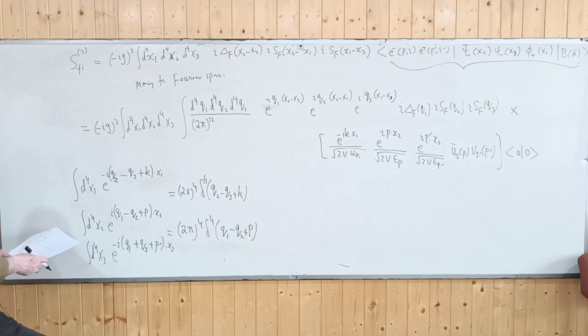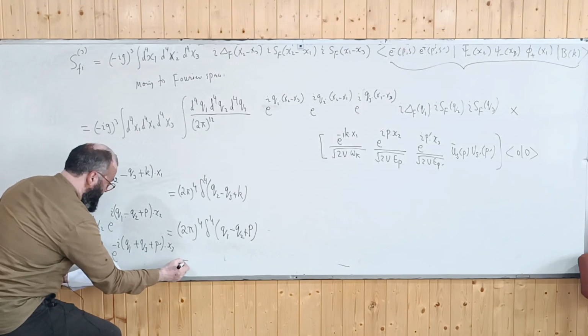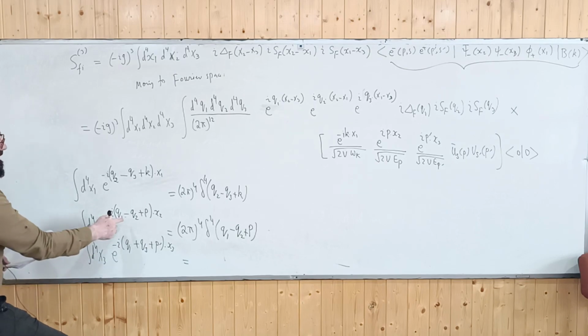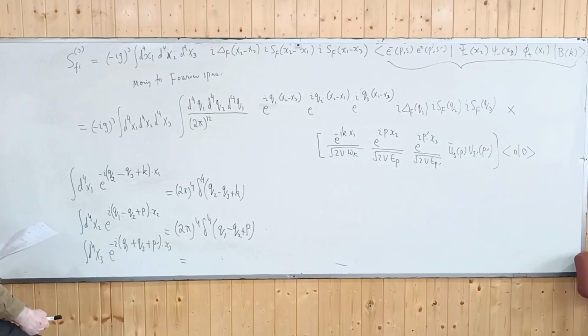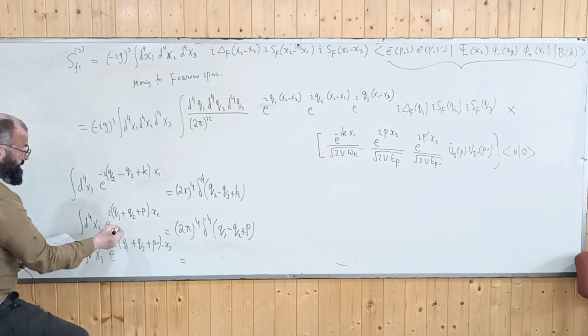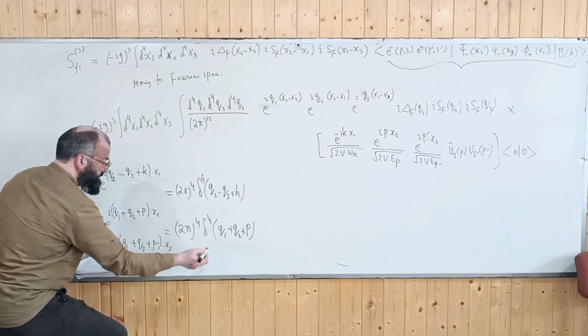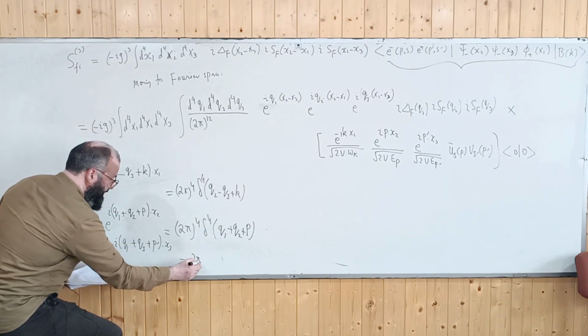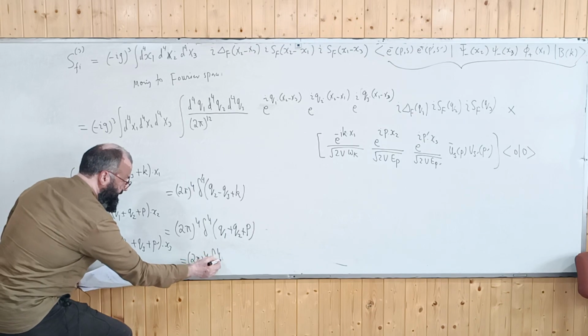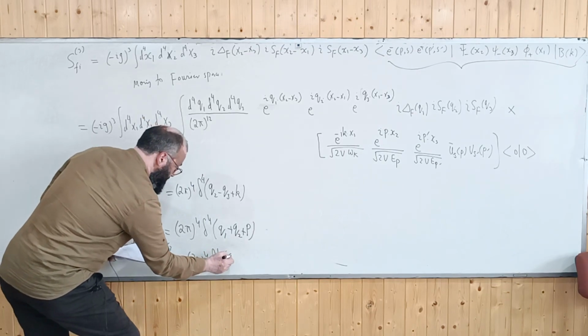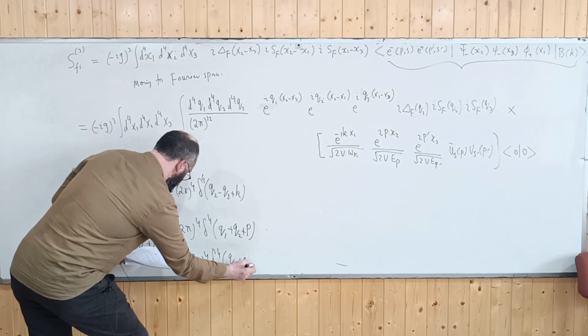Is it true? Plus Q2 I, yeah, plus q2. Q1, Q2 is. Okay, so it's like going by S check. So delta 4. So it is Q1, Q3 plus P prime.